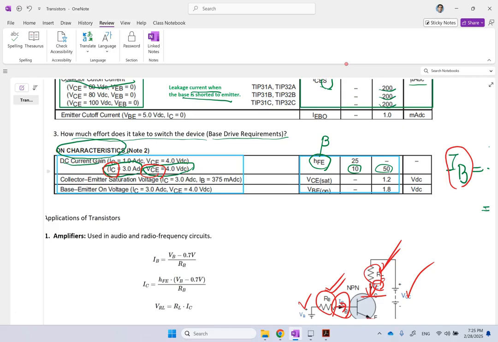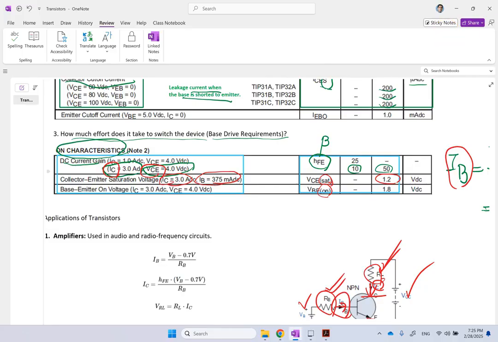So what is the voltage VCE and VBE for saturation and for being on? So you see the collector-emitter saturation voltage for IC of 3 and IB of 3.75, which is about a gain of less than 10. The voltage that you need for this transistor is 1.2.